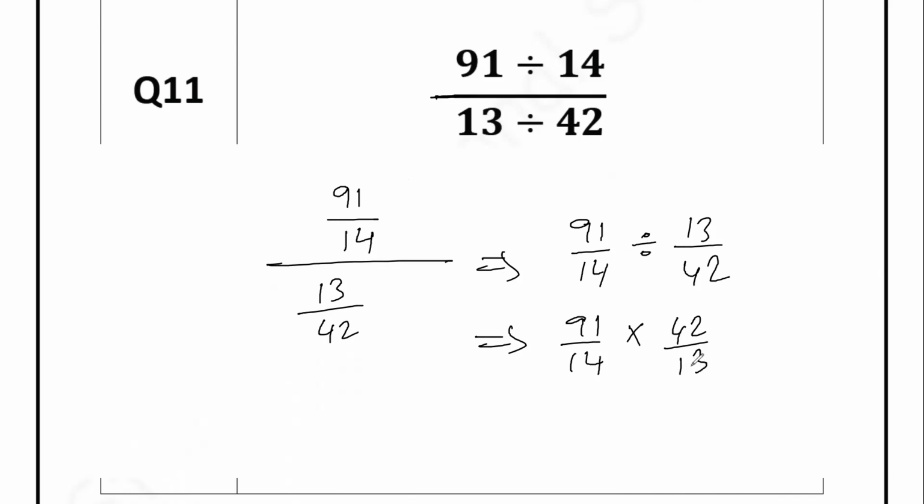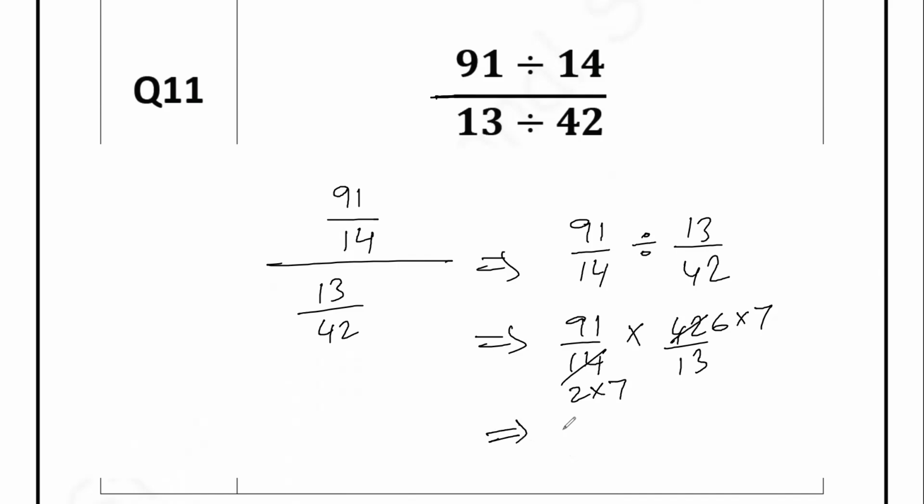I know 13 times 7 is 91. So this should be 7. 7 twos are 14. So my answer will be 21 for this, but let's break it down step by step. So now we have 6 times 7, 2 times 7. I also know 14 times 3 is 42, but we're just breaking it down.